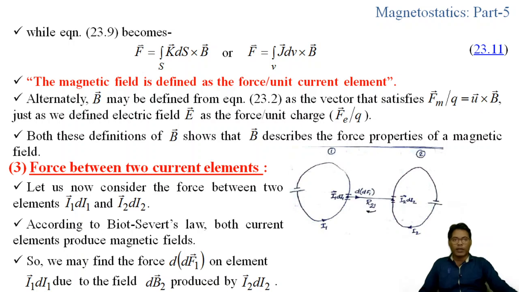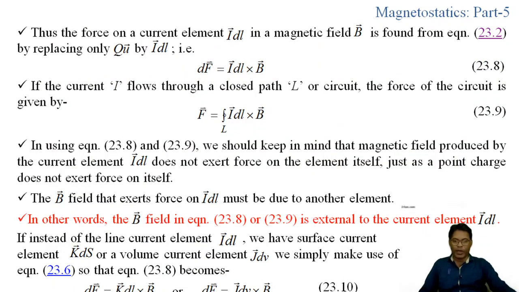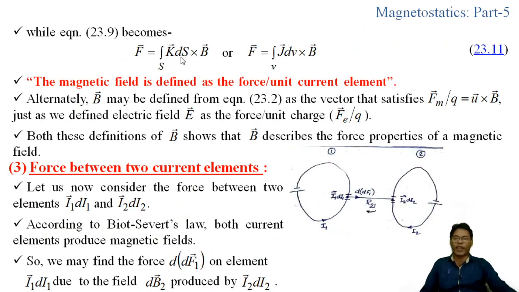In this equation 23.10, you can see dF equals KdS cross B. So we can find the force using integration, that is F equals the surface integral of KdS cross B, and for the volume current element, F equals the volume integral of J dV cross B. One point I missed: here the dl will be dS. It is wrongly printed as KdL, but it will be KdS.